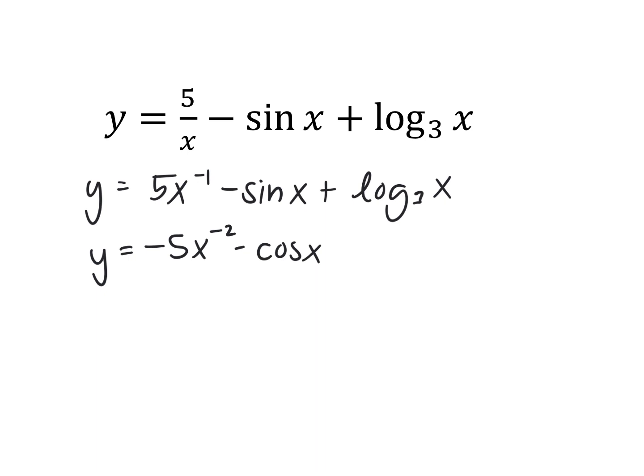If I have log base 3 of x, we rewrite this as 1 divided by the natural log of 3, and then times that with x. If you want to rewrite this a little bit so you don't have negative exponents, that is fine. You do not need to though. This is the derivative of the function, which I need to put a notation here saying that it's the derivative, so make sure you are doing that as well.